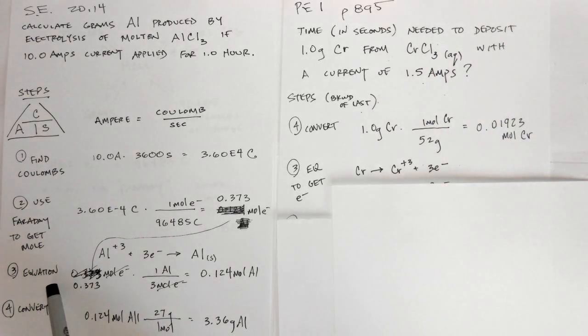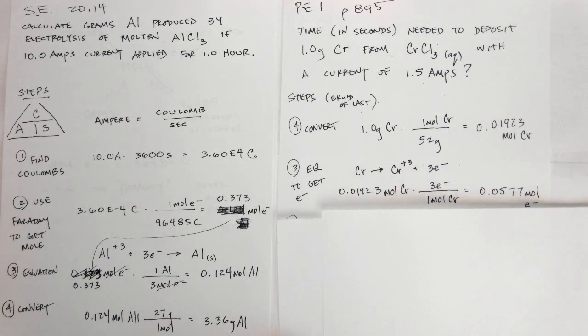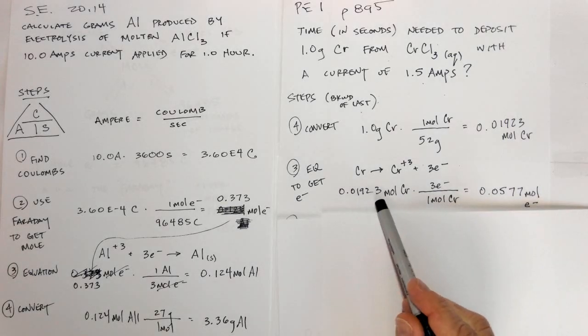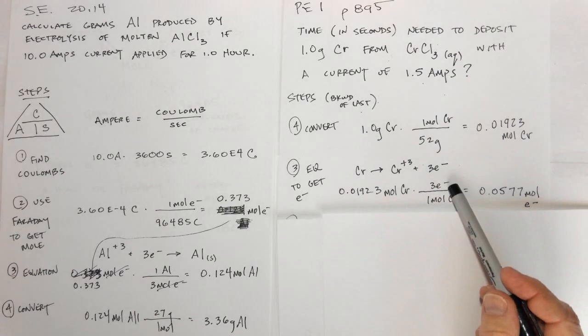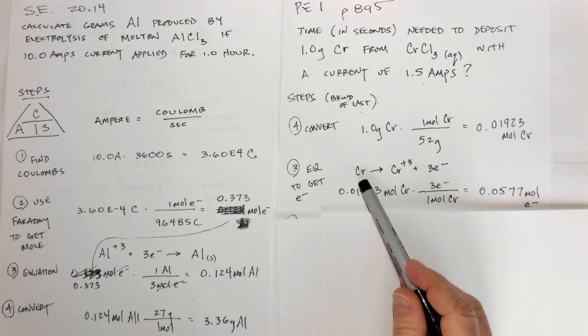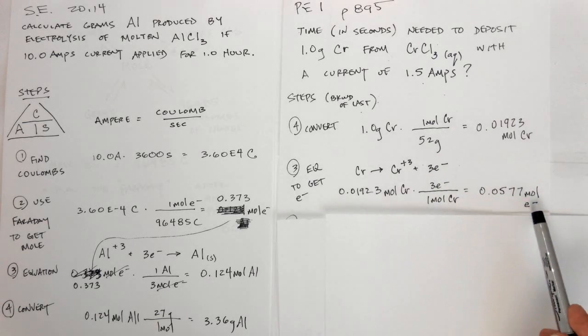So here I need to use the equation to get the electrons, versus here I used it to get the moles of solid. Now I have the moles of solid, I want to get the electrons. So I take my 0.01923 moles of chromium. For every 3 moles of electrons, there's 1 mole of chromium. I now have my moles of electrons.